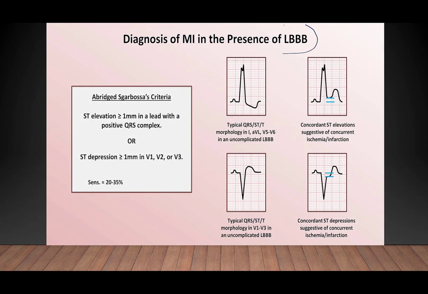If you look at this one, here we have left bundle branch block. Here we have criteria which are called Sgarbossa's criteria. Here we have ST elevation more than 1 millimeter in leads with a positive QRS complex, or ST depression more than 1 millimeter in V1, V2 or V3.